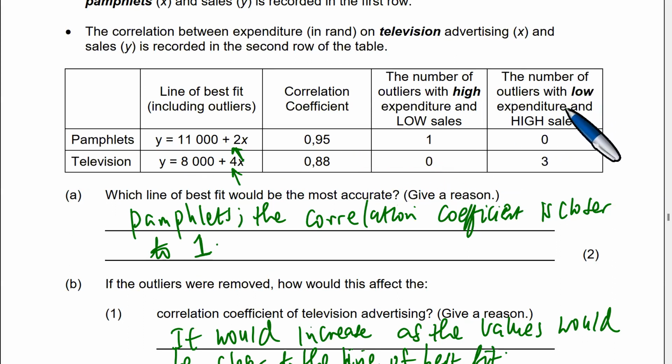The number of the outliers with low expenditure and high sales for television is 3. So based on these outliers, the gradient would increase for the pamphlets, and for the television it would most certainly decrease because of the low expenditure.